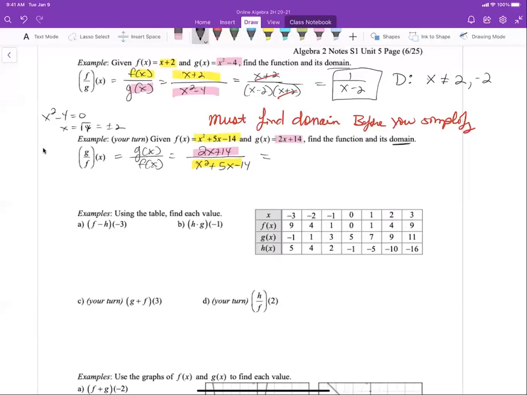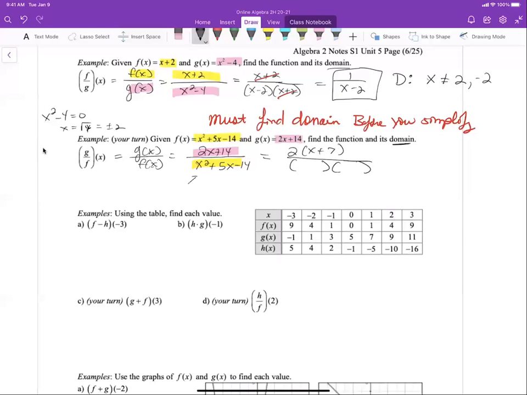And now I've got to divide it. So how do you divide these polynomials? First thing you do is factor them and simplify it so you can actually cross out things. And so the top has a greatest common factor of 2. So I pull out my 2 and I get 2 times the quantity x plus 7. And on the bottom, I can actually factor that. Now I can do this and find my domain, and it actually helps me find my domain.